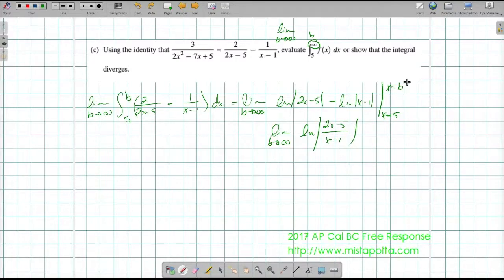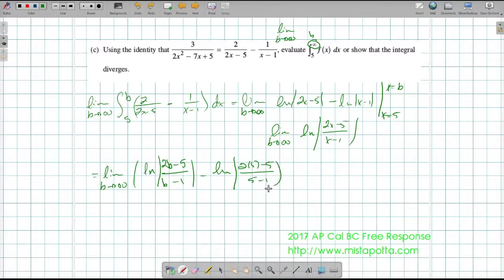And I'm going to do this for x equals b. So as b increases without bound, I've got the natural log of 2b minus 5 over b minus 1 minus the natural log of 2 times 5 minus 5 over 5 minus 1.